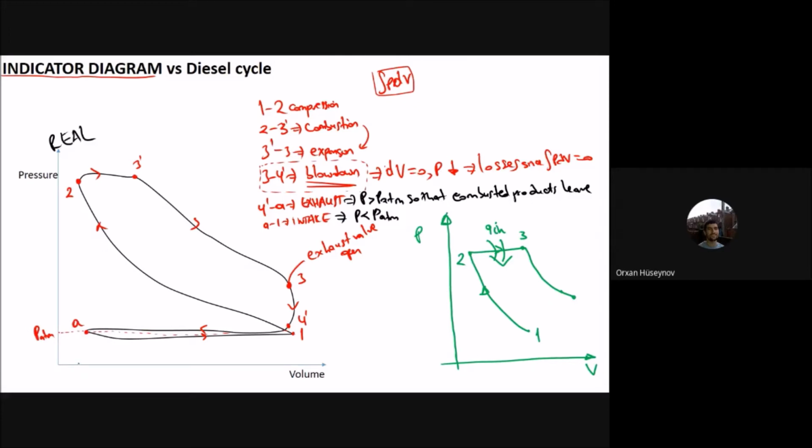Let me correct this chart a bit more. So you will have the heat addition process from 2 to 3 here, and then you will have the expansion process here. This one is the expansion, same as here. Here you have the expansion stroke, or power stroke.